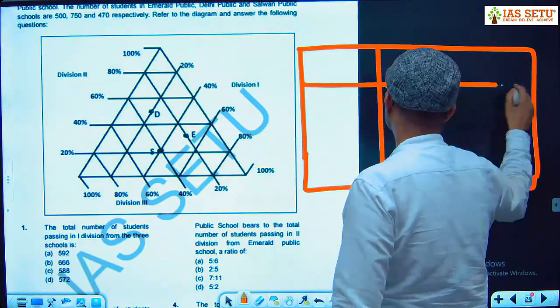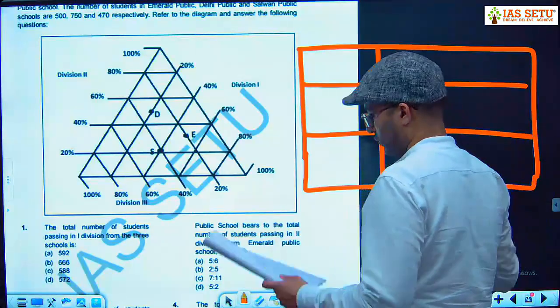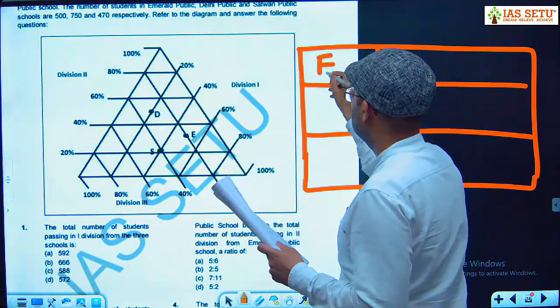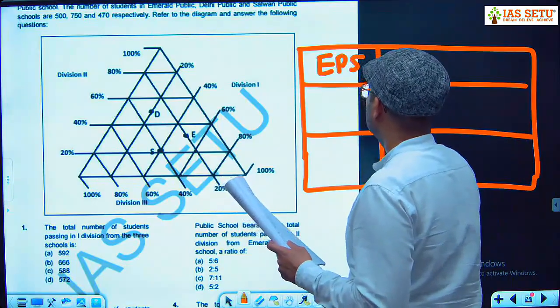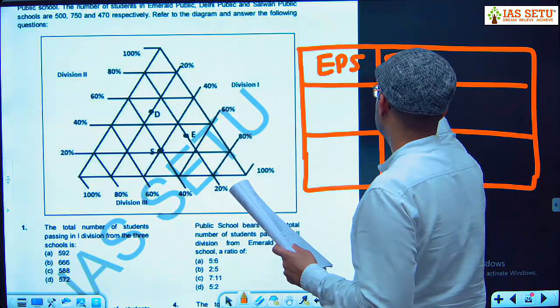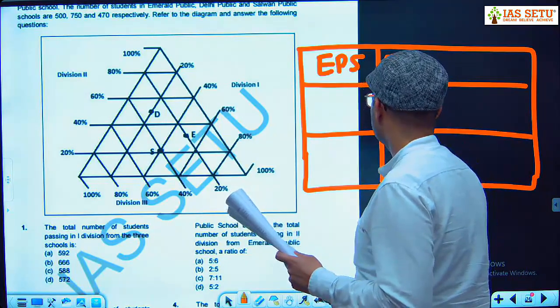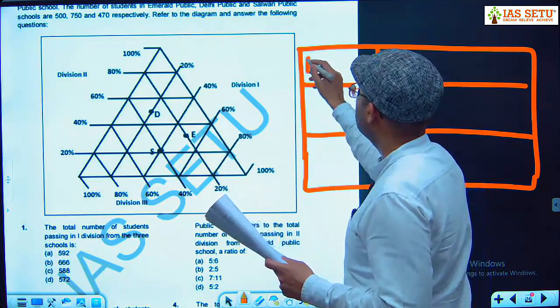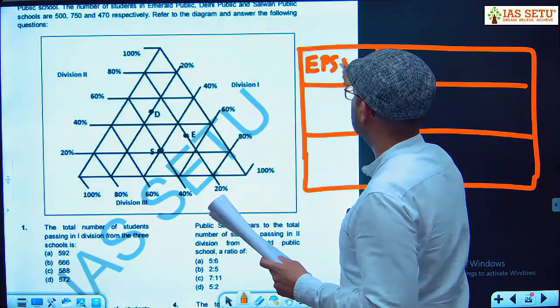3 school हैं, Emerald Public School, total students 500. EPS total students 500.